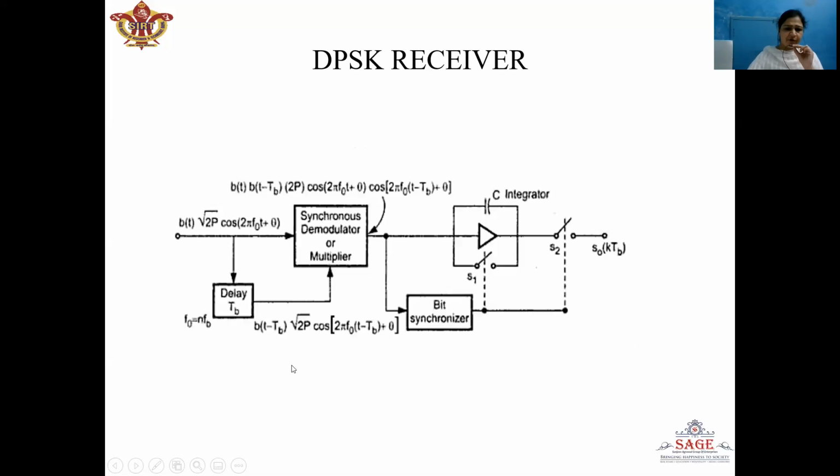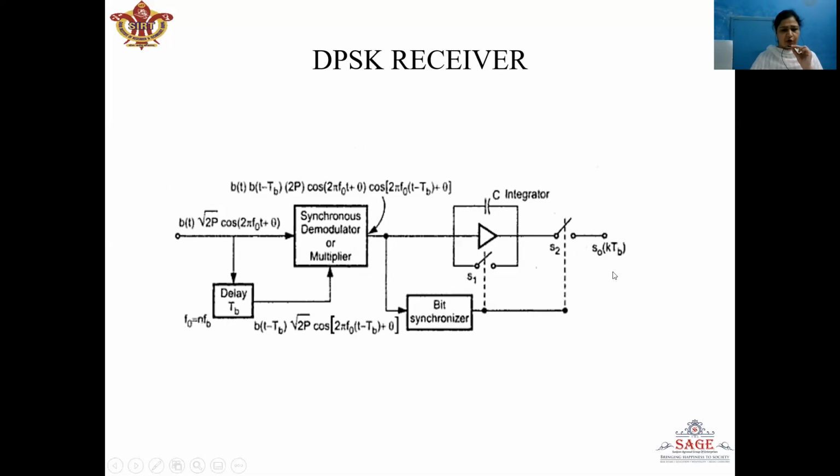Now, again from the block diagram of the DPSK receiver, we can see that the output of the multiplier is given to the integrate and dump receiver. The integrate and dump receiver will sum up the incoming signal for 1 bit duration.